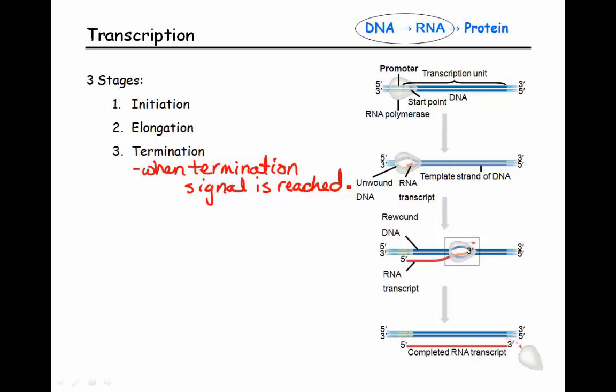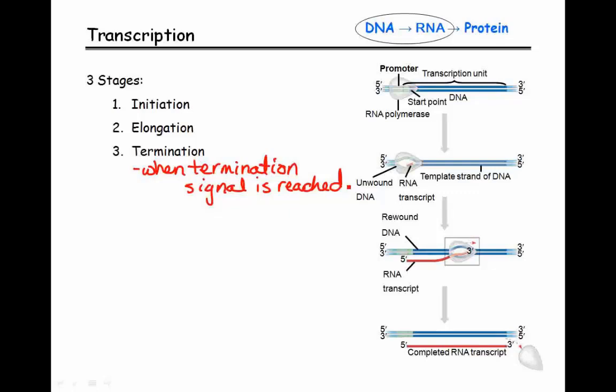It has a 5' end and a 3' end, and that molecule is going to be much, much shorter than the DNA molecule is. DNA molecules are extremely long. We're talking about a couple 100 million nucleotides long in many cases, and our RNA copy is maybe 2,000, somewhere in that area, so much reduced in size.